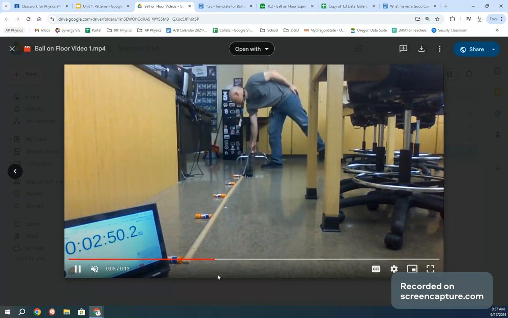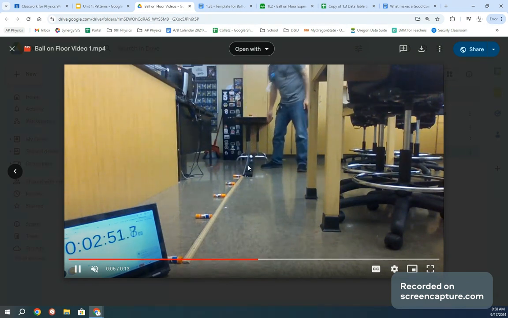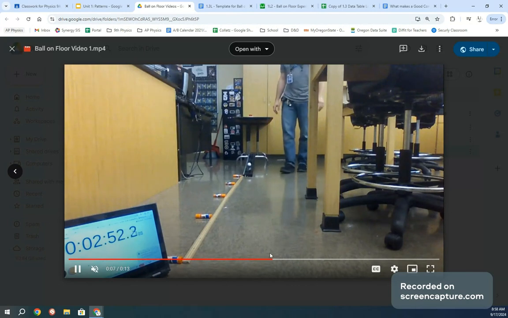If we miss it, we can always just go back and redo it or pause it again. So there's the ball rolling. And again, we're trying to stop it when it gets to that bottom mark. Maybe I went a little too far. I could always back up a little bit here. Okay, that looks pretty good. Again, we can see 2 minutes. We're going to ignore that. 52.6 seconds. So that's what we're going to put into our data table.